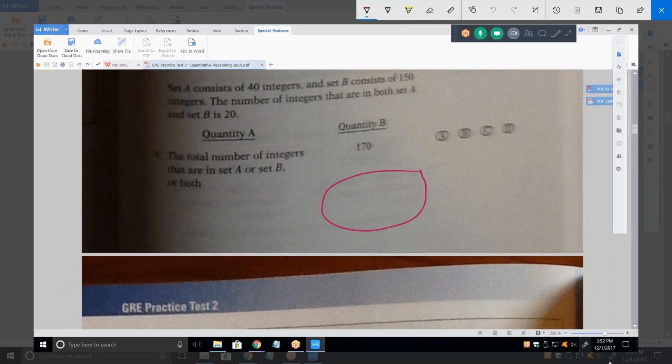So we got a set of numbers with 40 integers. We got a set of numbers that has 150 integers. There's 20 in both. So what's the rest of this area on the left? That would be 20. How about the right? That would be 130.